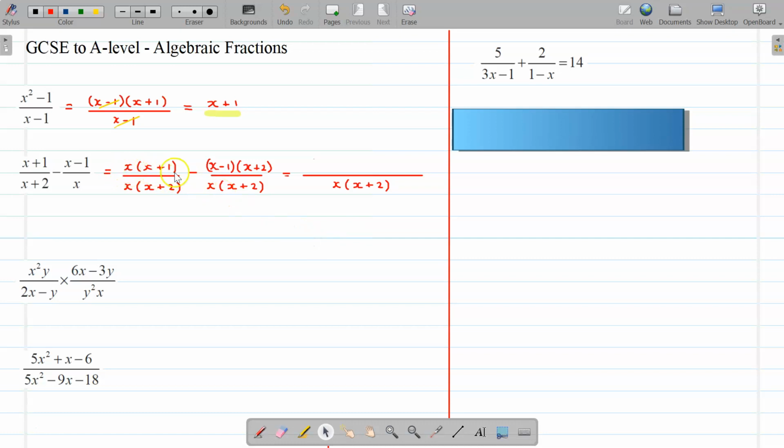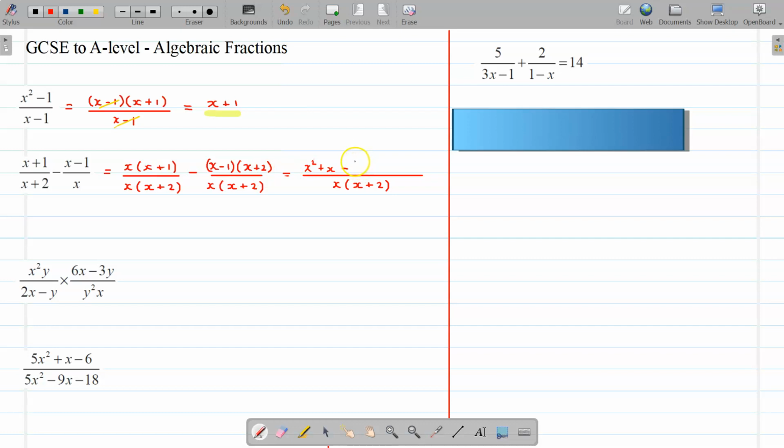So I'm multiplying out the brackets as I go, so I've got x squared plus x. Okay, x squared plus x, and this is the bit you've got to be careful about when there's a minus sign rather than a plus, because what I've got to do is subtract the product of this.